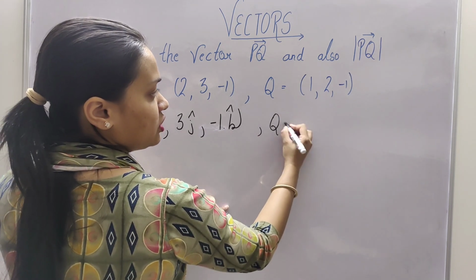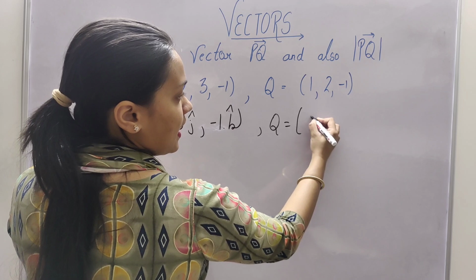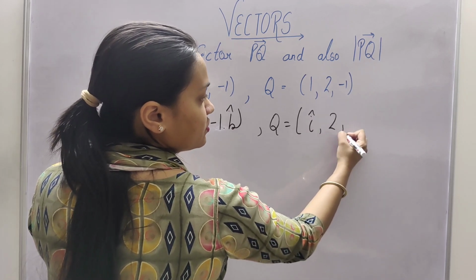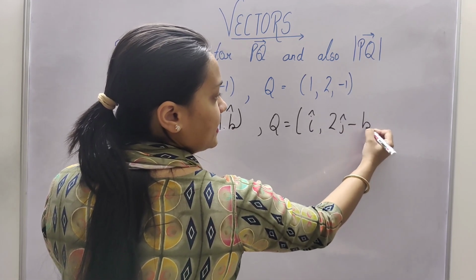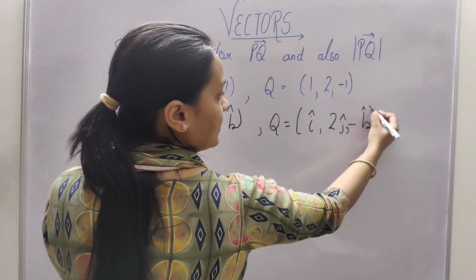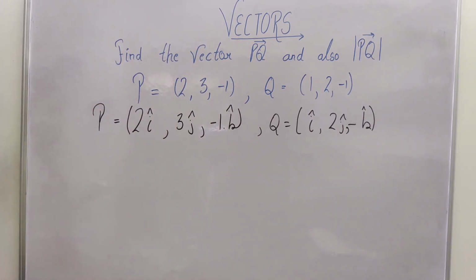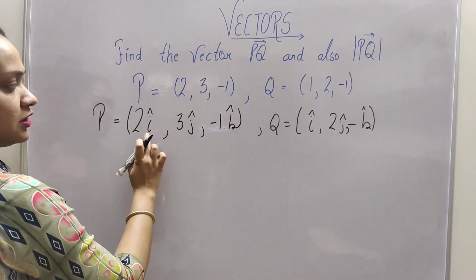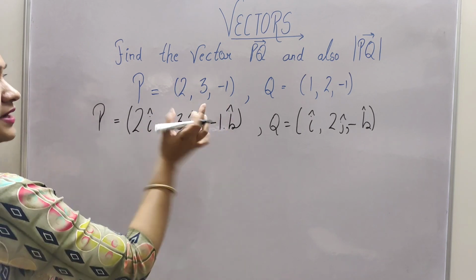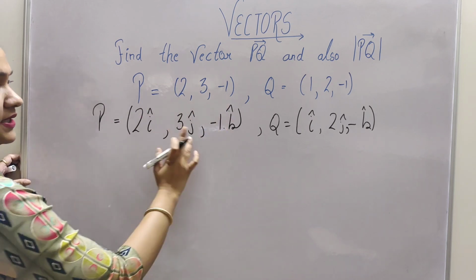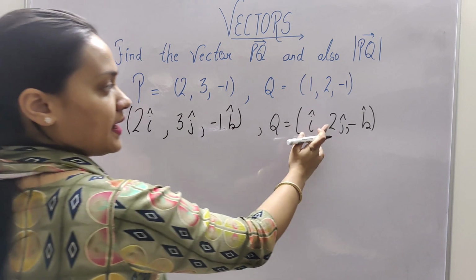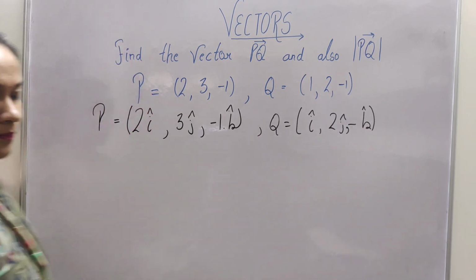Similarly, in Q, i, j cap and k cap. So what you have done, you have just put the values like this and multiplied them with i cap, j cap and k cap.